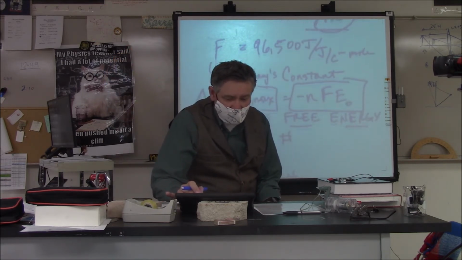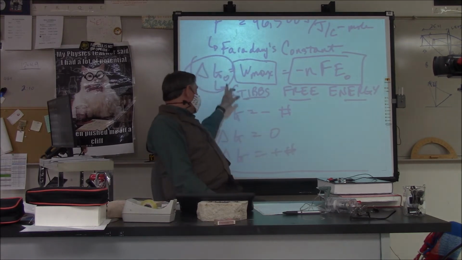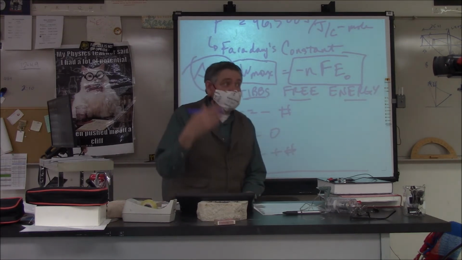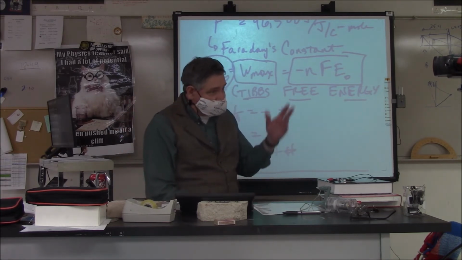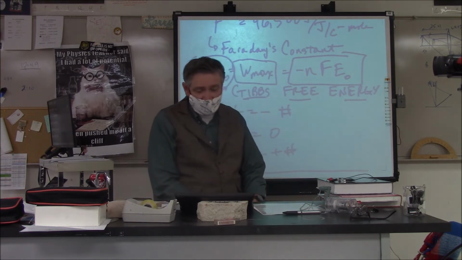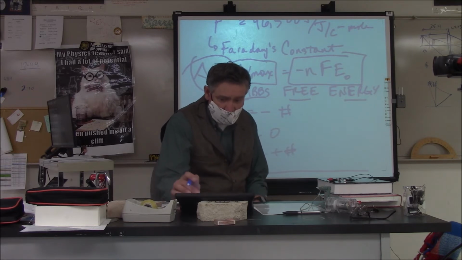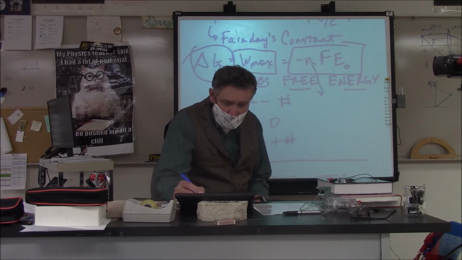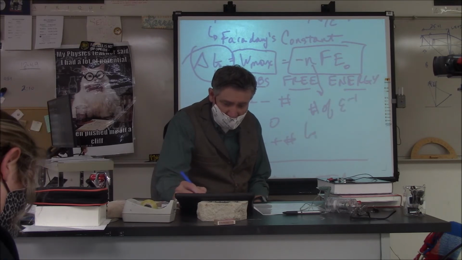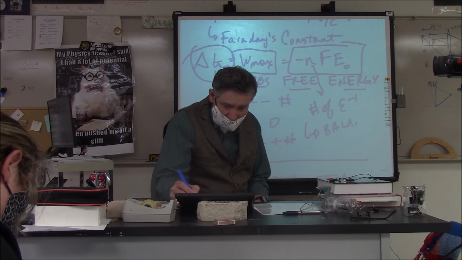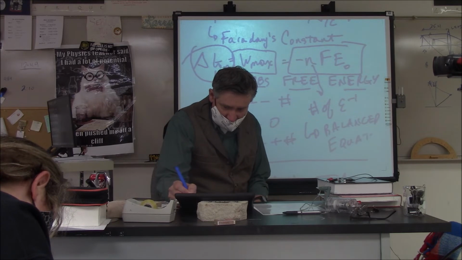All right, now, when you calculate delta G naught, and when you see delta G naught, again, that naught just means standard conditions. It's under standard conditions, 25 degrees Celsius, 1 atmosphere of pressure, all this good stuff, okay? So this is negative N. Now, this N is the number of electrons from the balanced, and I have to emphasize the word balanced, equation from the half reactions, okay?